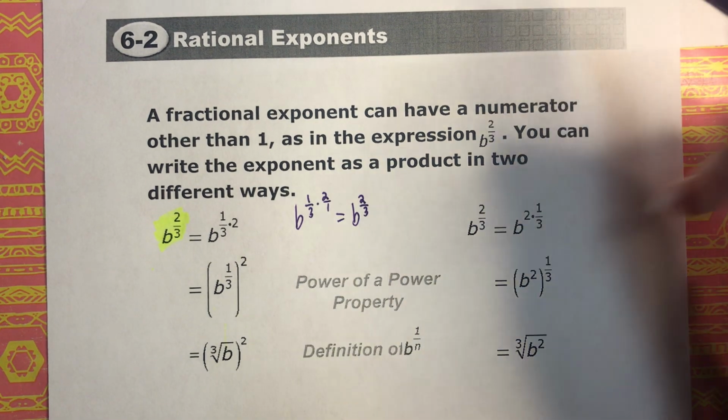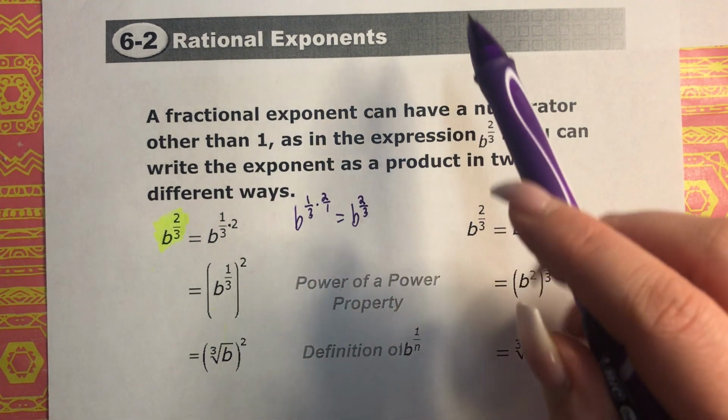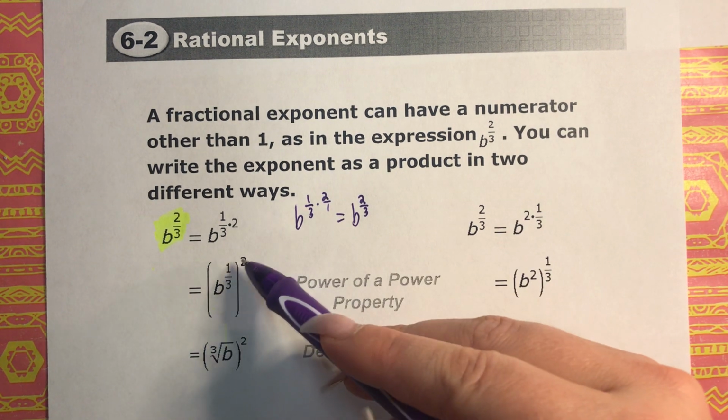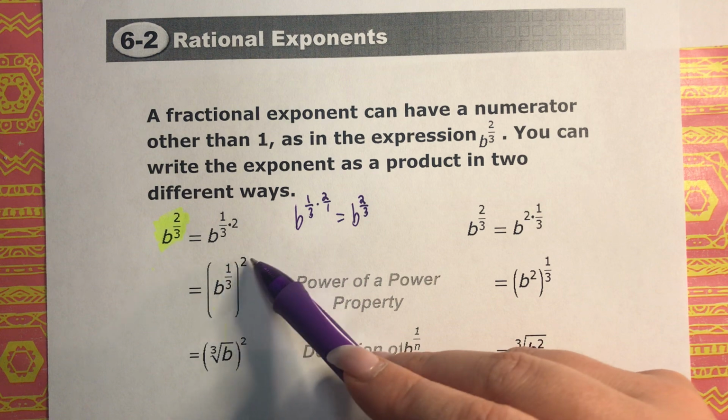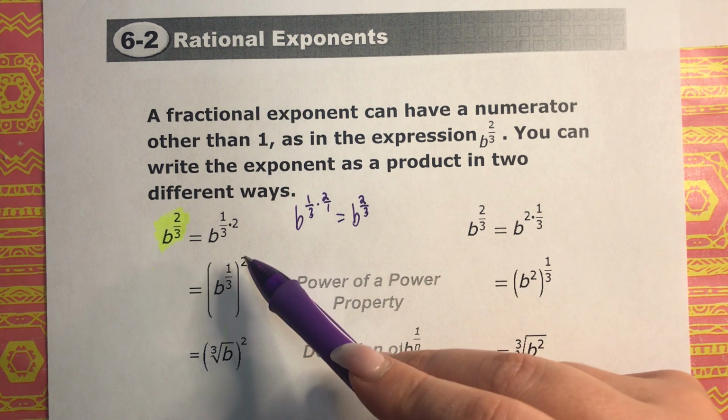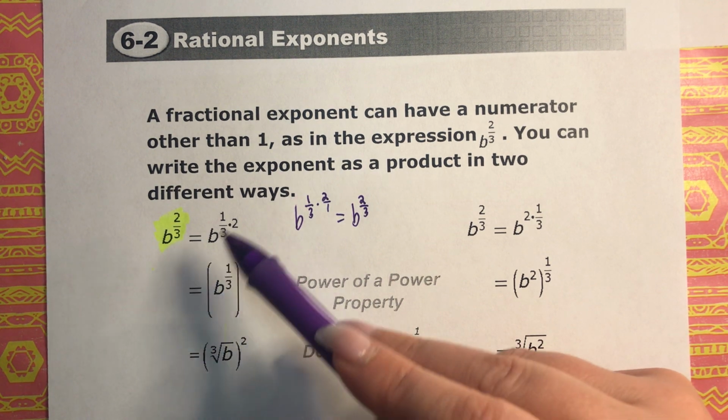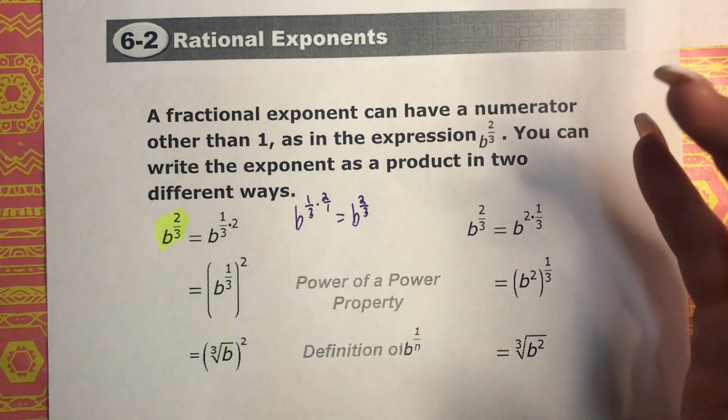So you can write it like this, or you can write it like this, because remember we talked about the power rule? If there's an exponent on the outside, that really means the same thing as 2 times 1/3, which is this right here.